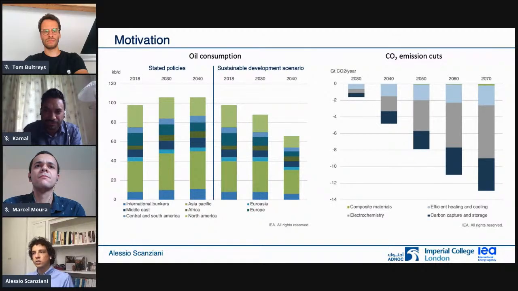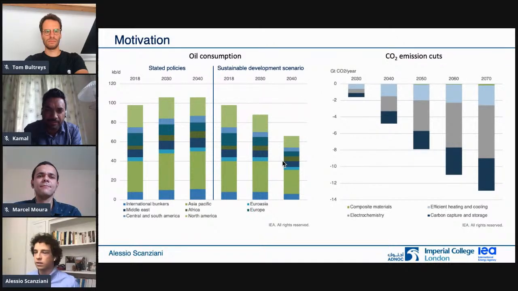And even in this sustainable development scenario, the role of oil will still be quite important. The consumption of oil will decrease, but we will not go to zero immediately. So we will still need oil, and also we know that easy oil is not really available anymore. So enhanced oil recovery will probably still play some role in the world.